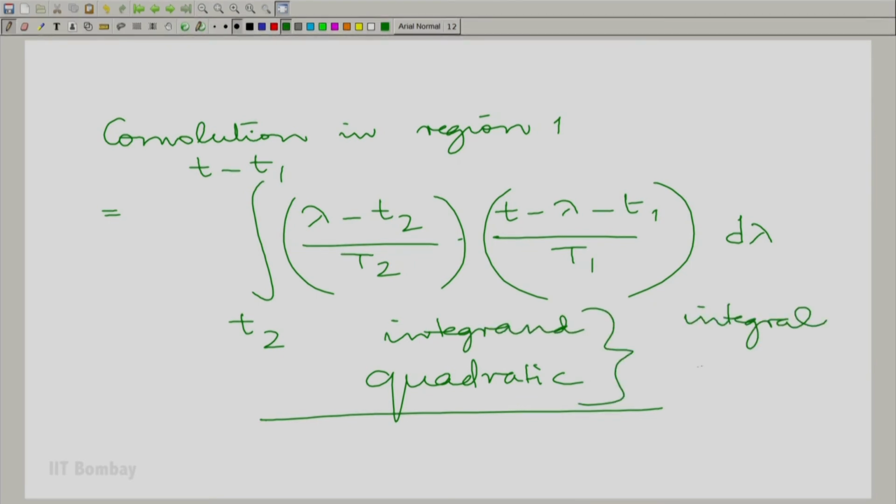So, the integral will be cubic. It would require a little bit of algebra to work this out, and that calculation I am leaving to you as an exercise. I am leaving to you the things where you will have to work a little hard, but it would explain to you several things about convolution when you do it patiently and carefully.